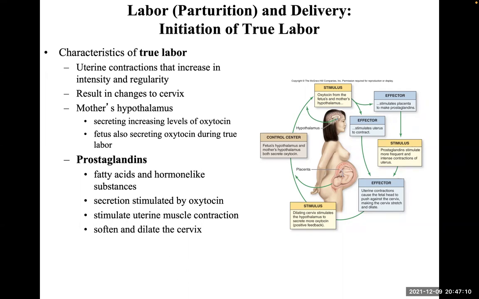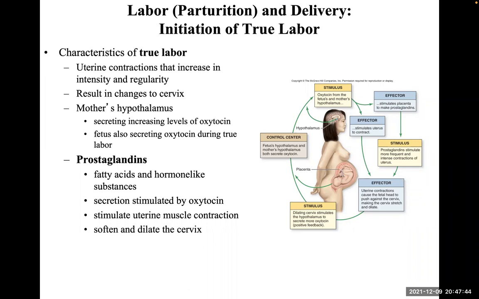So the oxytocin, along with the prostaglandins, cause the uterus to contract more and more with greater and greater strength. Having the uterus contract pushes the fetus down and pushes the head against the cervix, and that causes the cervix to dilate. And then that dilation cross-talks back with the hypothalamus and causes even more oxytocin to be secreted, right?